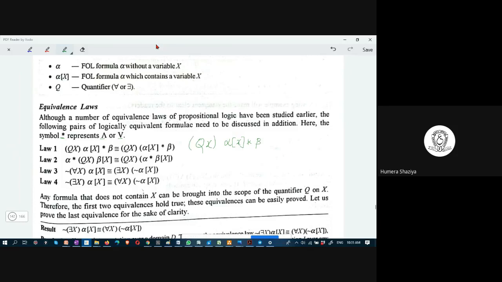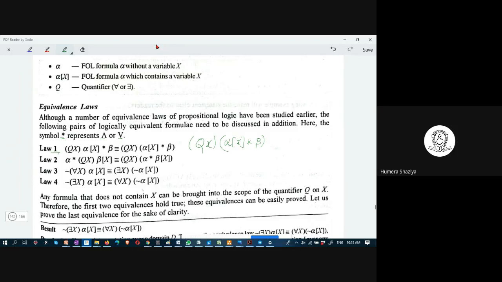If you observe, this is not within parenthesis. In the equivalence law, this can also be converted into a parenthesized statement.